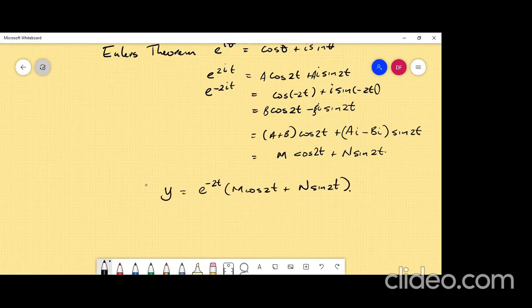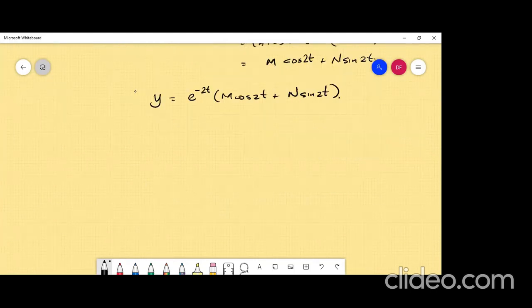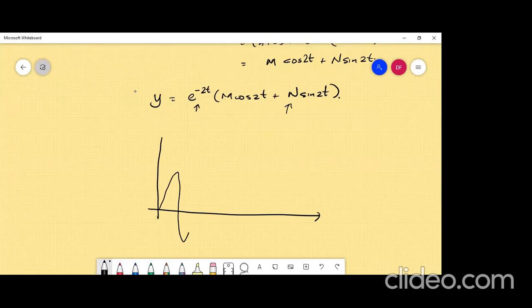So if we make a sketch of that now, this is oscillatory and this is exponential decay. Let me try to write a little bit better.